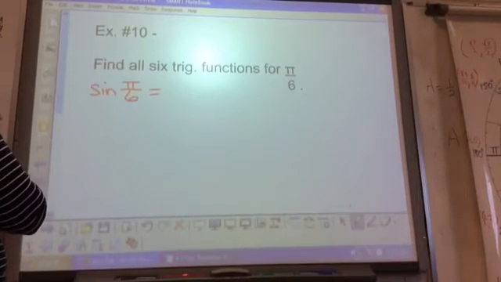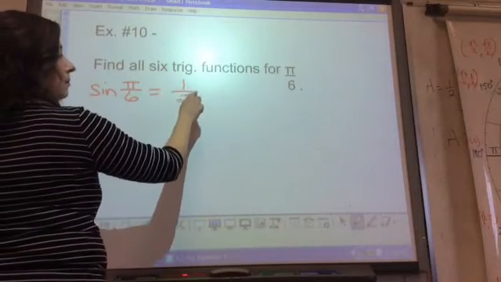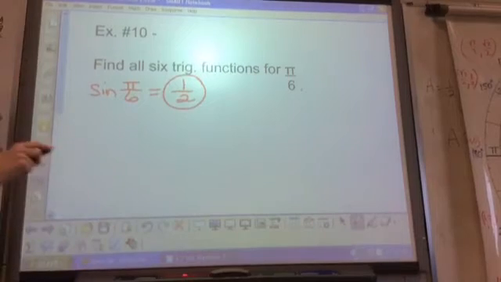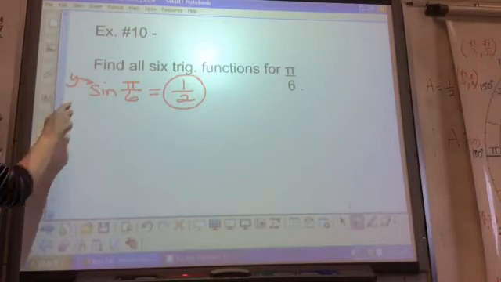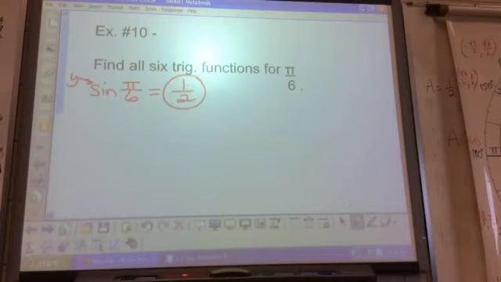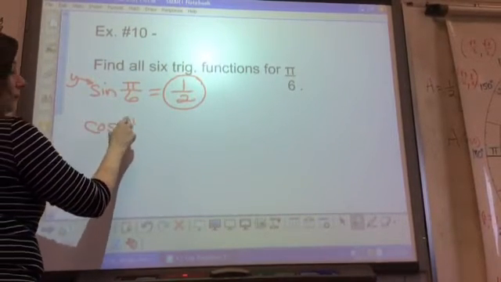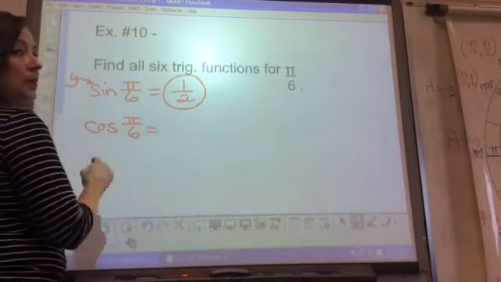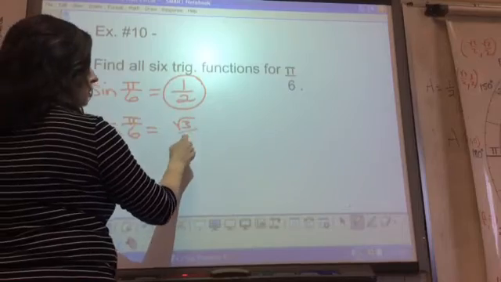Sine is a half. Sine is the y. This is why we're going over this. Make sure. What's the cosine? The x. So that would be square root of 3 over 2.